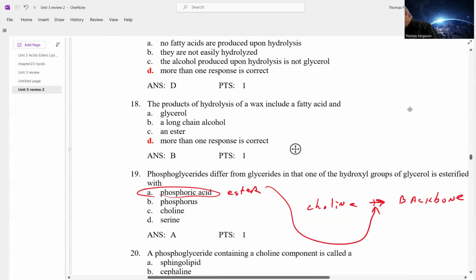I already mentioned wax. Hydrolysis means the ester is coming apart. So you're going to get a fatty acid plus a long chain alcohol.